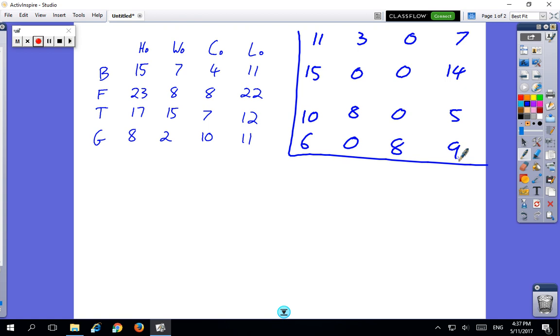Now we can see that this column and this column don't have any zeros. So first you do the rows, taking away the smallest number you can. Then if there are columns without zeros, we need to take away the smallest number from each column. In this case the smallest number is 6, so we rewrite this column as 5, 9, 4, and 0.